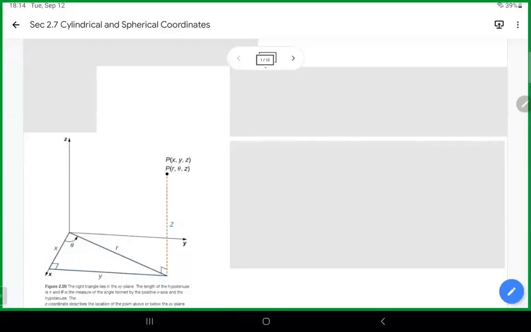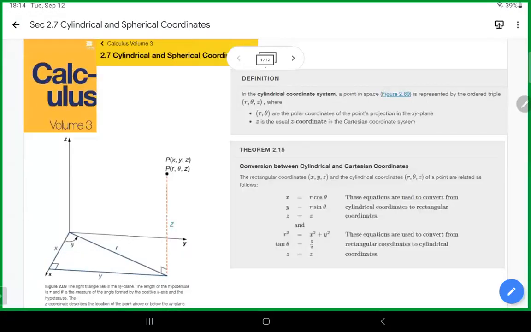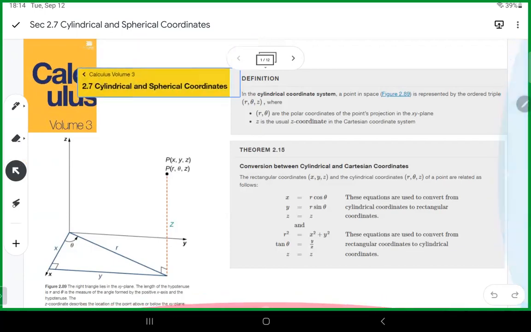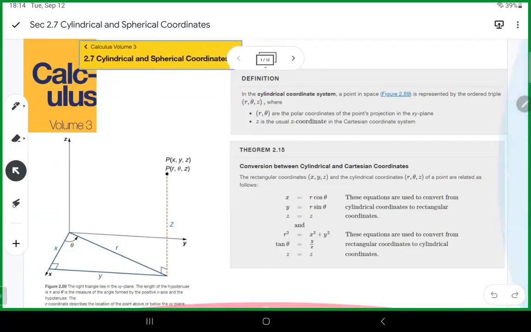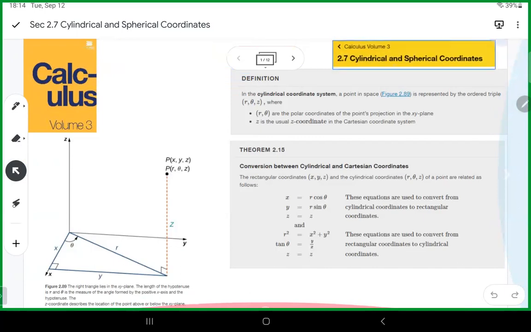We are only going to do the first 5 slides because then we can pick up on it on Thursday. All right. So pretty big definitions here. So 2.7 is cylindrical and spherical coordinates.